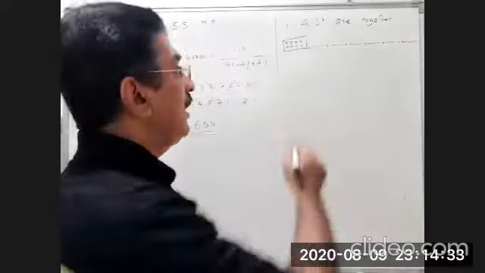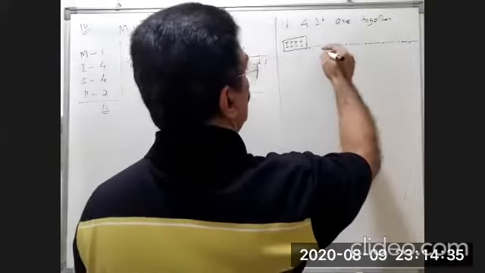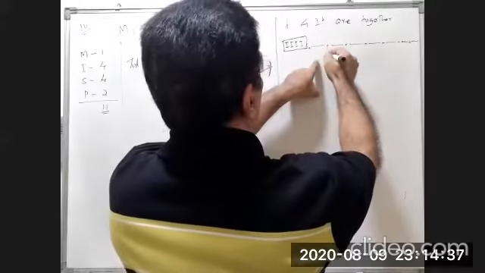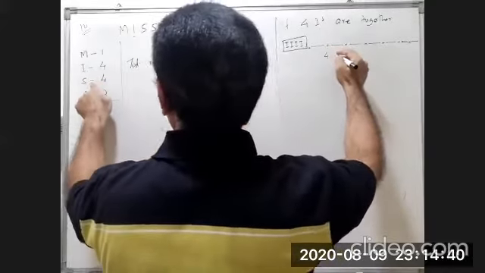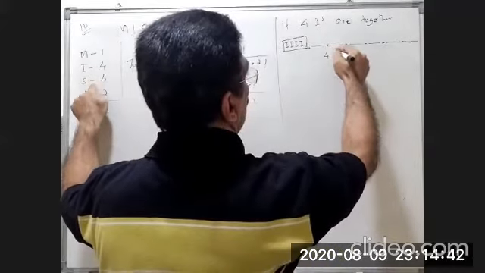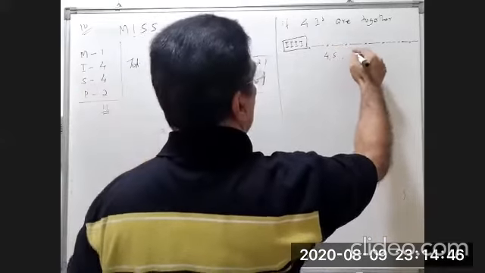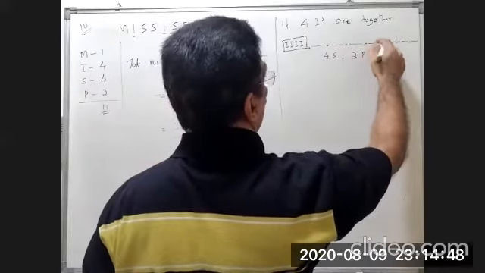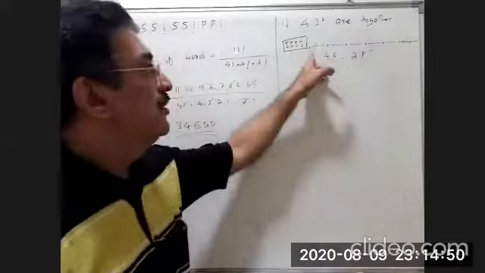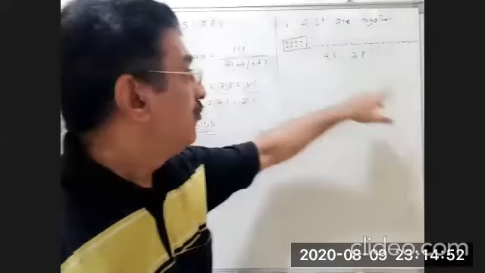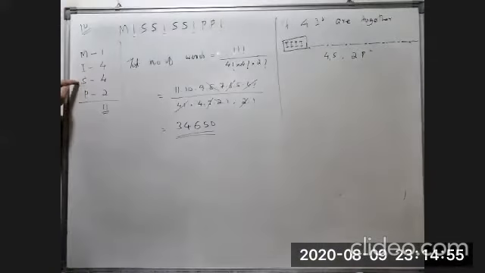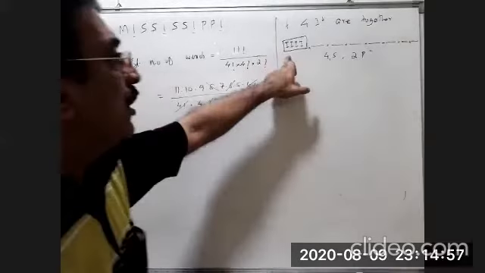Of this 8, we have 4 S's and 2 P's, because the 4 I's are together.